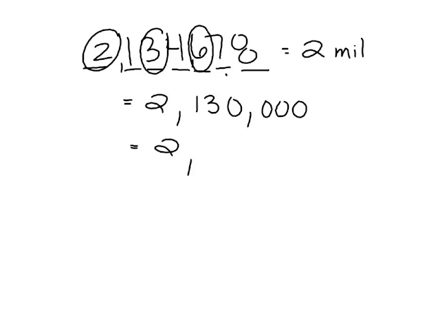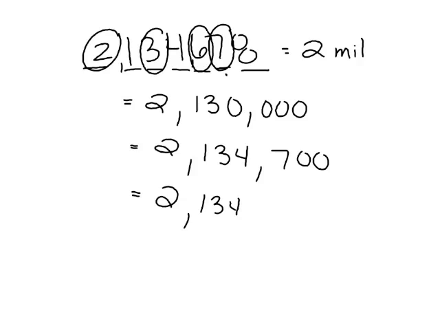We'd round up to 2,134,700. Round up to the nearest 10. Here's my 10s. Round up or down? Up. So 2,134,068.